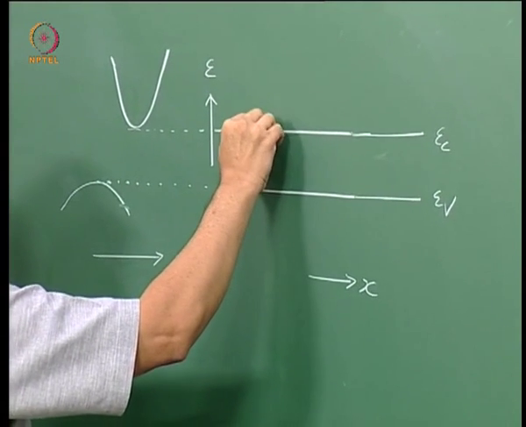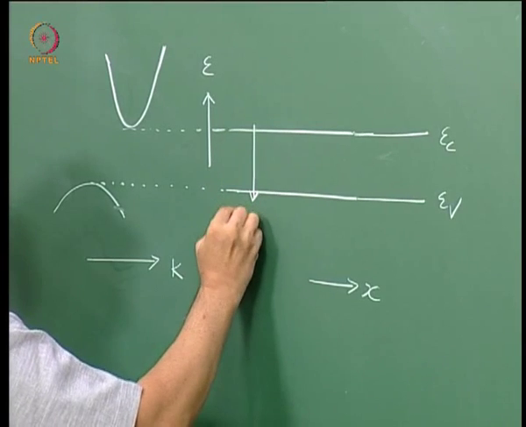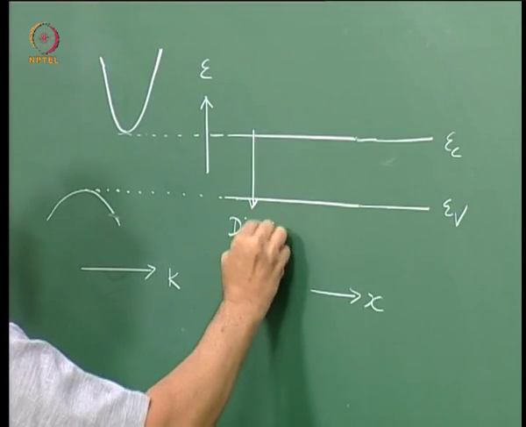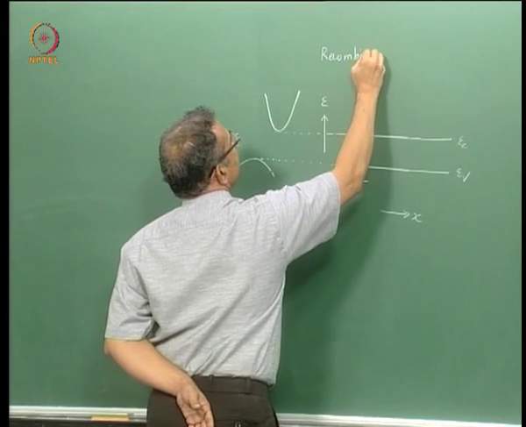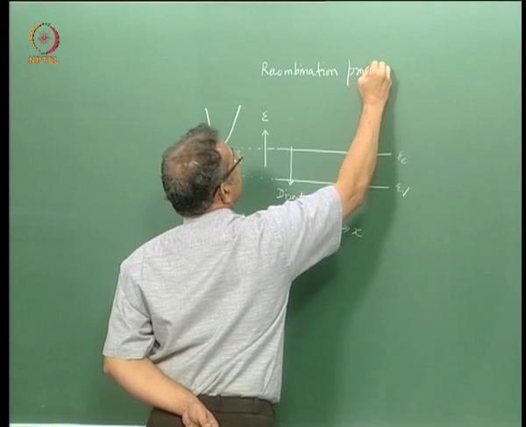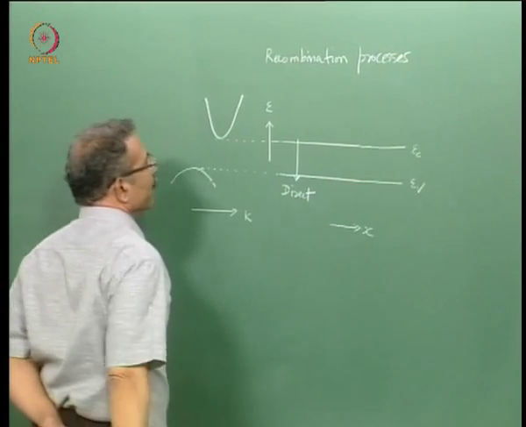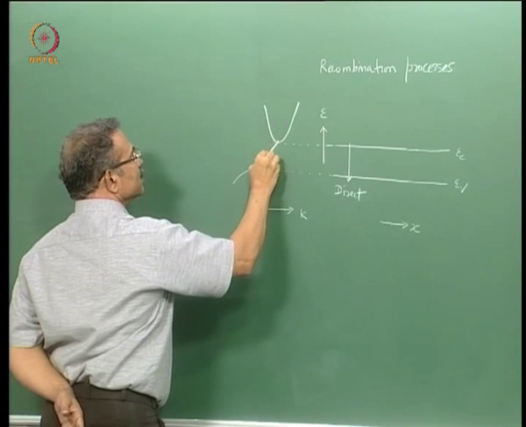Supposing I want to show a direct recombination, something like this. On the Ek diagram it would look like this.